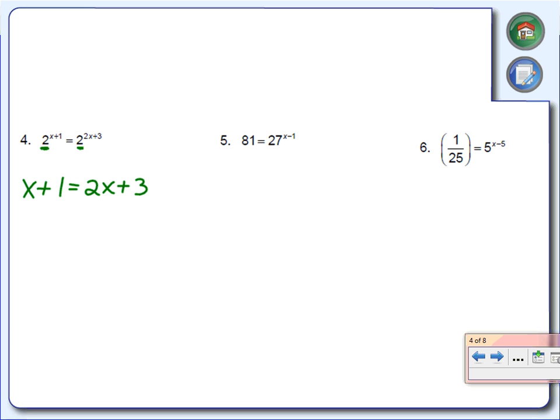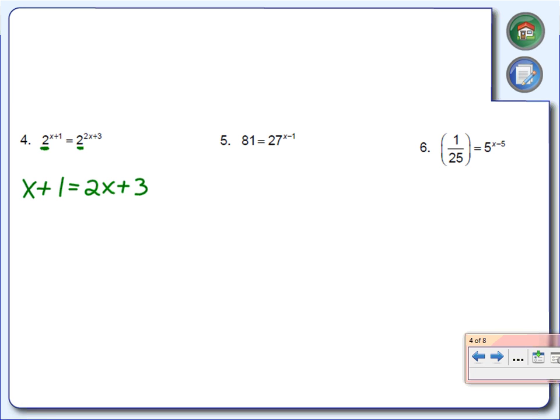Just taking the two exponents, setting them equal to each other. At this point, all I got to do is solve for x. You guys have been doing this for several years now. How do I solve for x? What can I do first? Caleb, what can I do first? Okay.